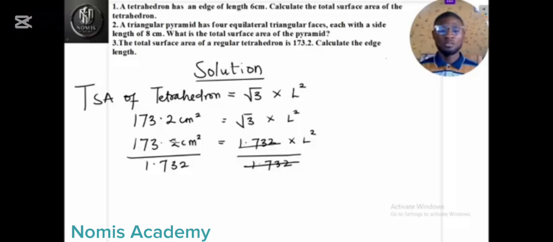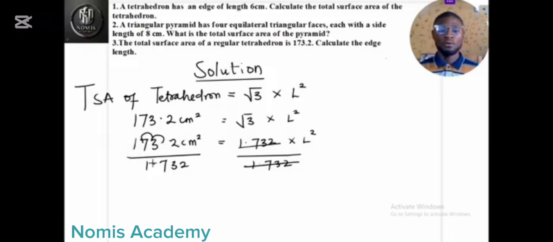So 173.2 centimeters squared divided by 1.732. What should be my answer? I move the point 1, 2, that would be 100. So 1.732 multiplied by 100 should give me 173.2.